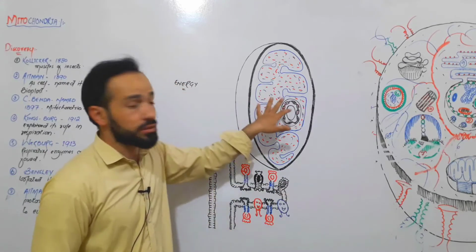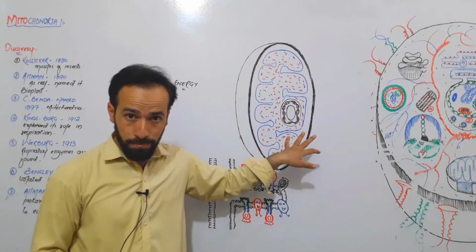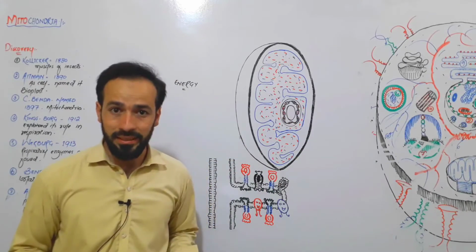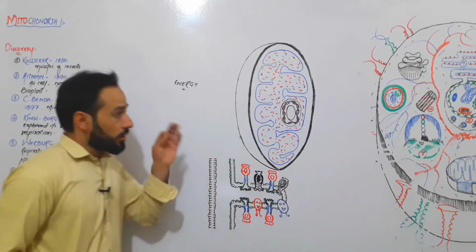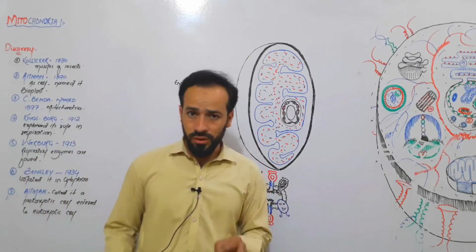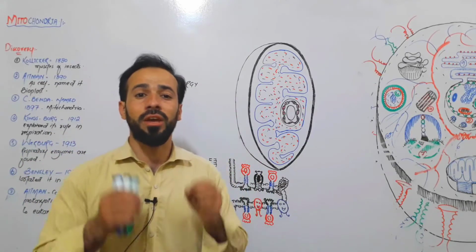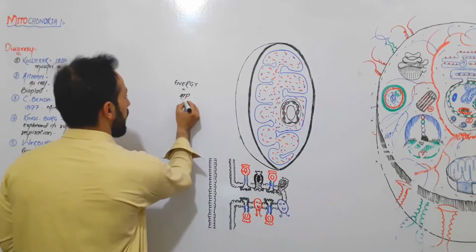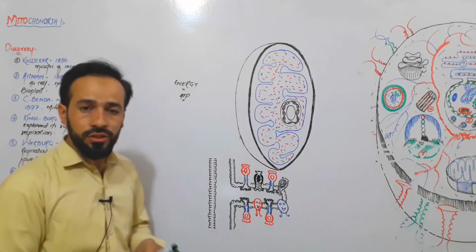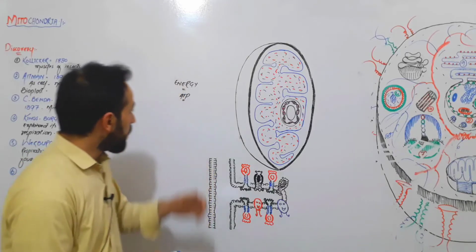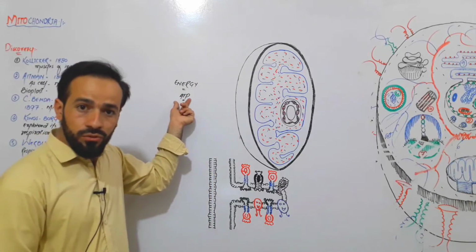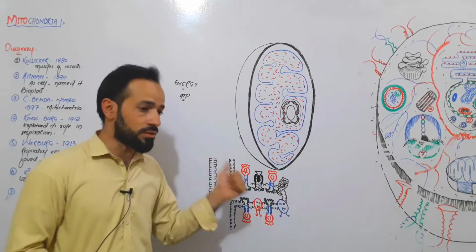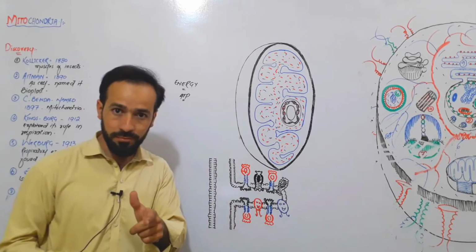But if the mitochondria stop working in a eukaryotic cell, the cell will stop working. How? Because every function inside the cell needs energy. The cell needs this molecule called ATP, adenosine triphosphate, right? Now, in order to get this adenosine triphosphate, mitochondria must work properly, right?